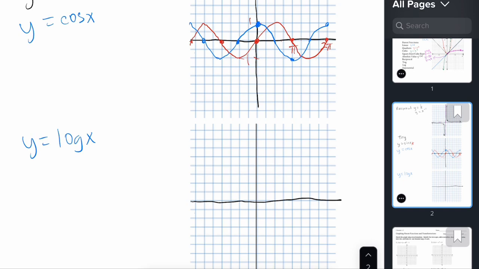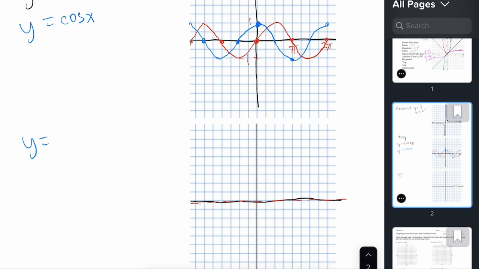Okay, for a logarithm, we can't plug negative numbers into a logarithm. So there's a little border right here. So it will never go into negative territory. Wait, that's an exponential. Wait, stop. Okay, let's say that again. Let's start with exponential.